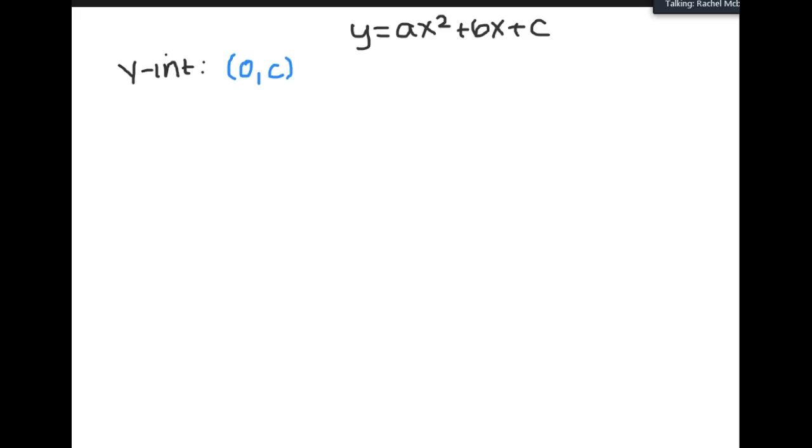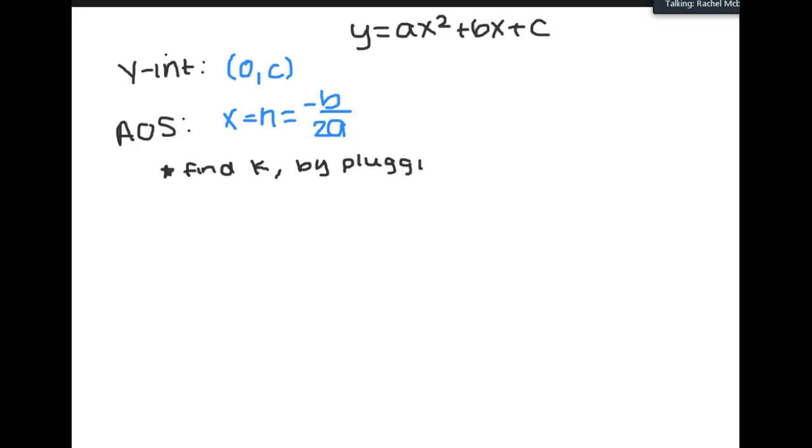The AOS is the equivalent of x equals h, which is negative b divided by 2a. You have to find k by plugging into the equation.